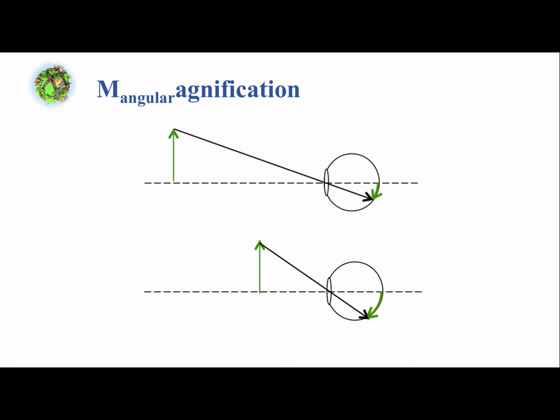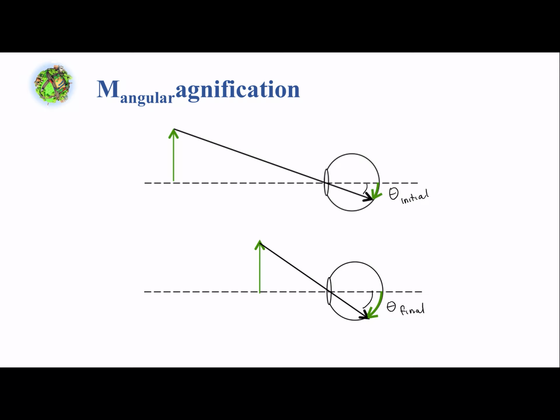Okay, so let's just take an example of that. So here I have an object. The first picture is an object that's somewhat further away. The second picture is an object that's closer. I can see that that first object, let's call this the initial angle it takes up on my eye. When I move it closer to me, it then takes up a larger angle.